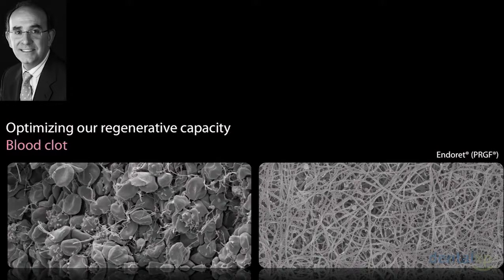I remove the red cells, I remove the white cells. Why? Because they contain pro-inflammatory cytokines, interleukin, and tumor necrosis factor, and also metalloproteinases that degrade the fibrin. The white cells are not our enemy, but they do not offer any advantage. And this is the consensus in the literature. All the researchers have the same idea.